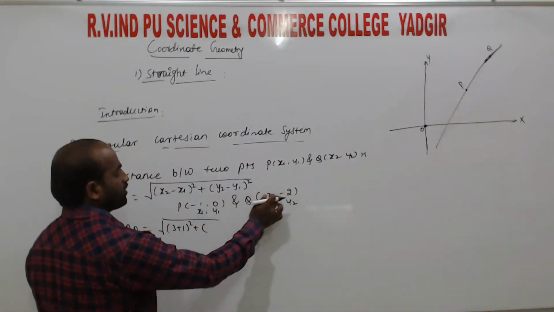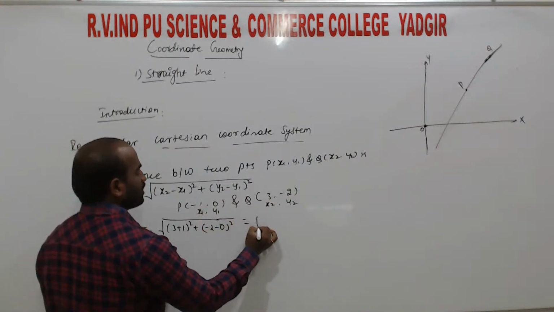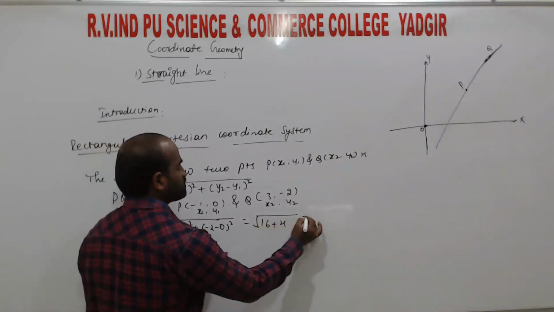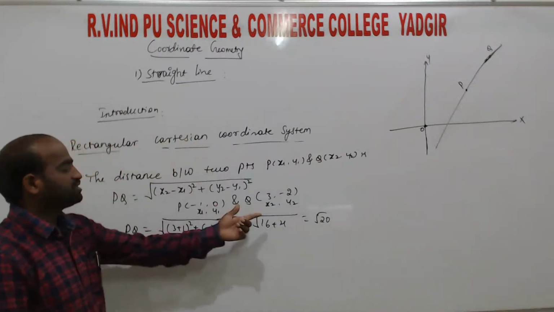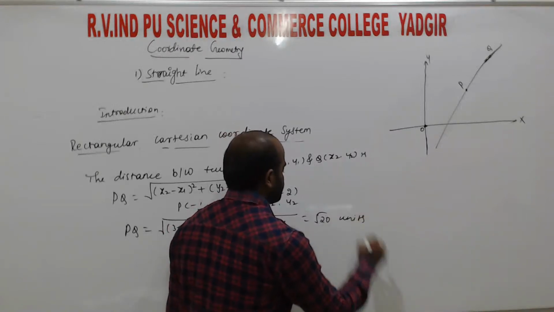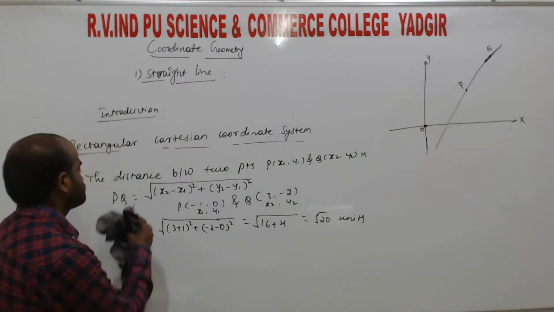Next y2 minus y1 is minus 2 minus 0 whole square. Now we get 4 square is 16, plus minus 2 square is 4, root 20. The distance between these 2 points is root 20 units, or 2 root 5. This is the type of problem.